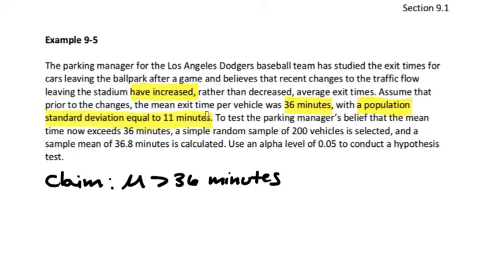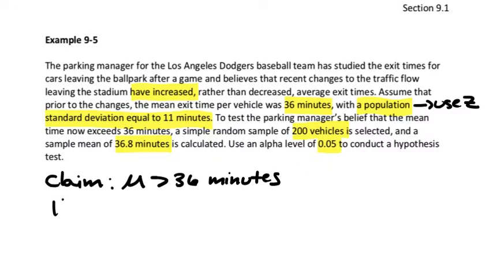So since it's population standard deviation, I'm going to use z. To test the parking manager's belief that the mean time now exceeds 36 minutes, a simple random sample of 200 vehicles is selected, and a sample mean of 36.8 minutes is calculated. Use an alpha level of 0.05 to conduct a hypothesis test.